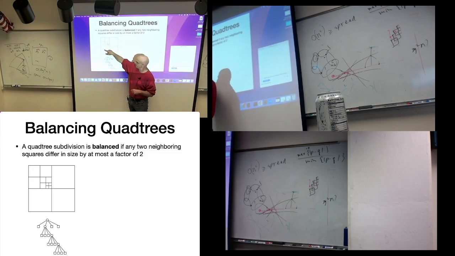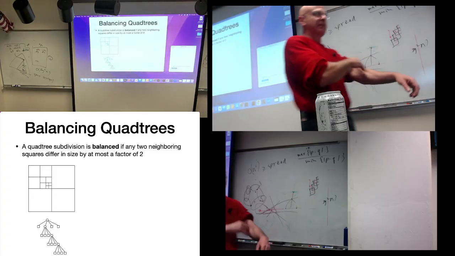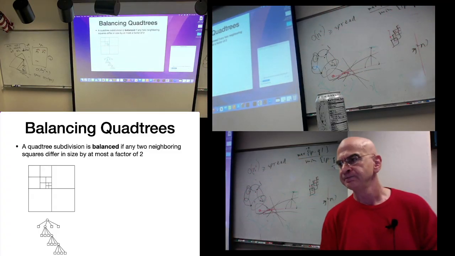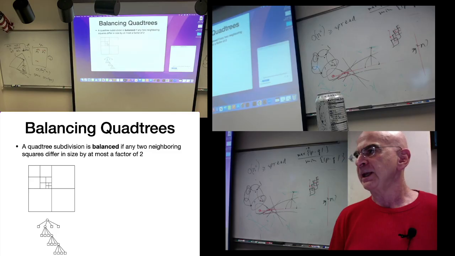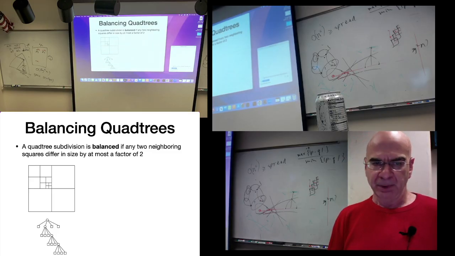The edge length of this is twice the edge length of this. But I'm very annoyed that this huge quadrant has so many neighbors on the right side. So what would be the solution? I'll have to subdivide this quadrant into 4, and some of its neighbors have to subdivide into more quadrants, and so on. A very greedy algorithm that just says, always check your neighbors. If you need to, split.